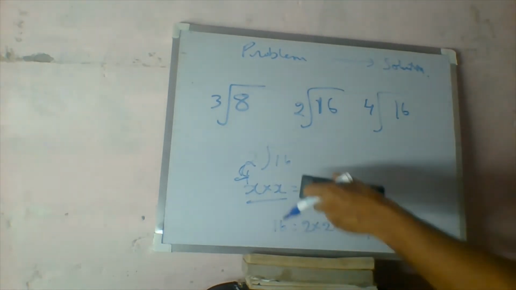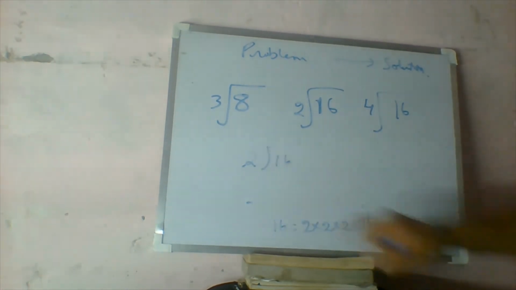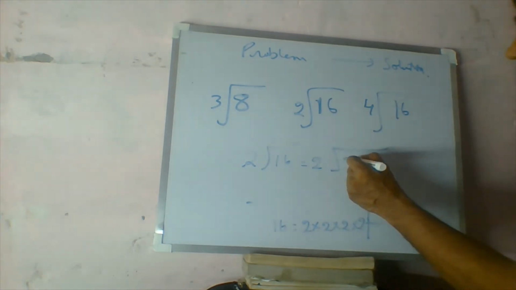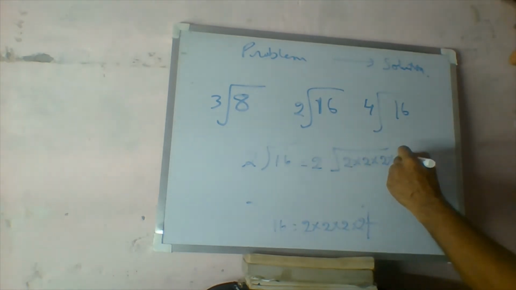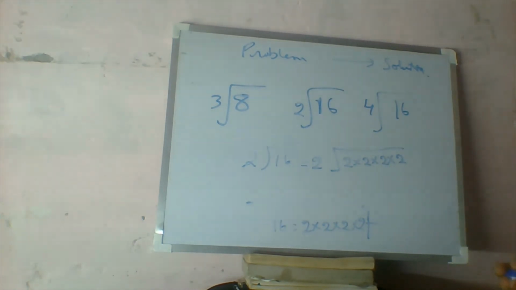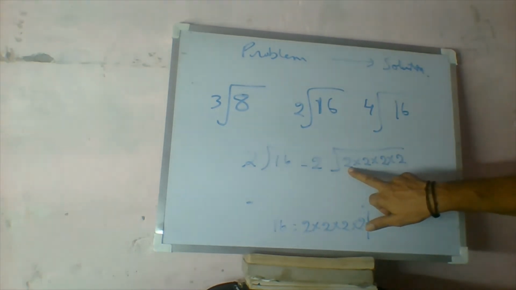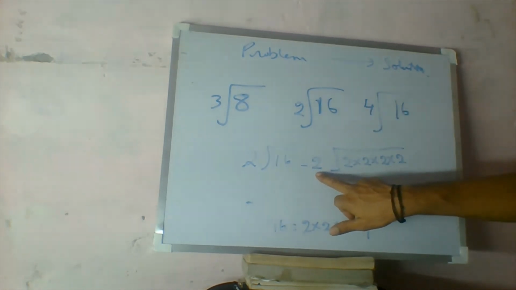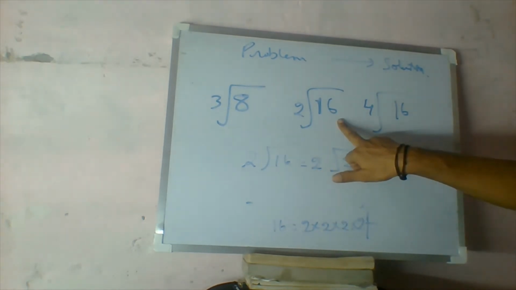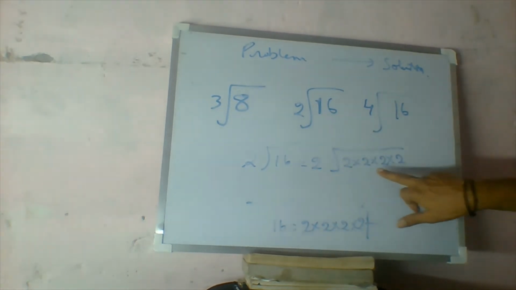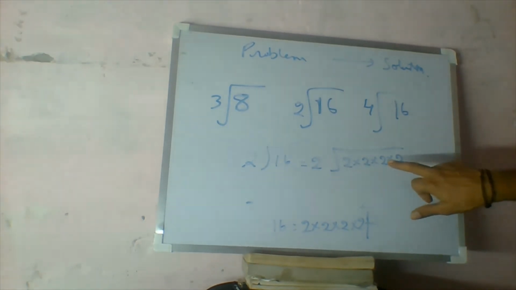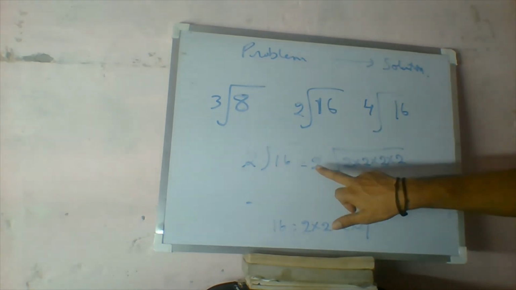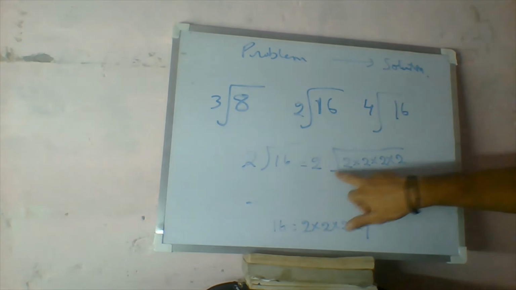Now, instead of 16 I can write 2 into 2 into 2 into 2. So now we have found a number that, if multiplied by itself 4 times, will be 16. But it is asking me to find a number that, if multiplied by itself 2 times, should be 16.